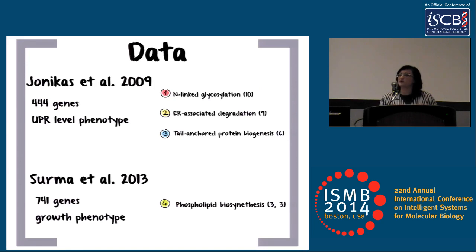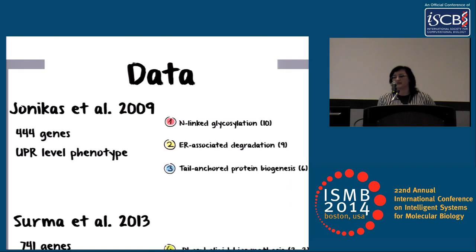So the data that we consider in our experiments are two data sets. The first one is the data set by Jonikos from 2009. This data set covers 440 genes, and they measure the unfolded protein response levels, meaning the expression level of genes that are involved in the endoplasmic reticulum.